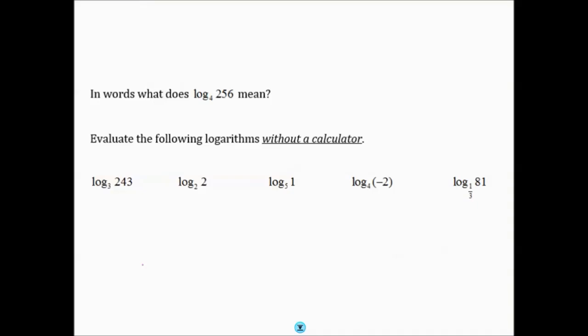Now let's look at the meaning of a logarithm. What does log base 4 of 256 mean? That means 4 to what power equals 256? Or 4 to the x equals 256, and you would figure out what x equals. So we're going to evaluate these logarithms without a calculator.